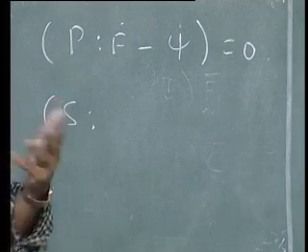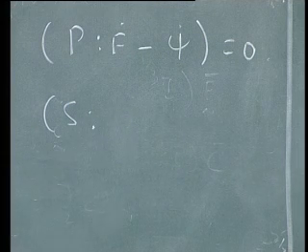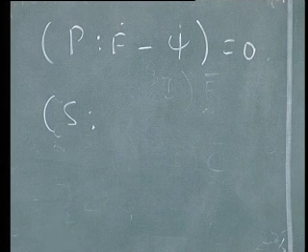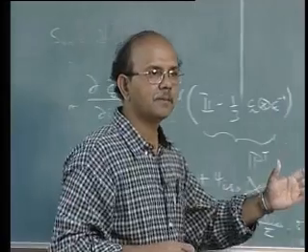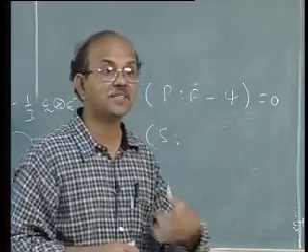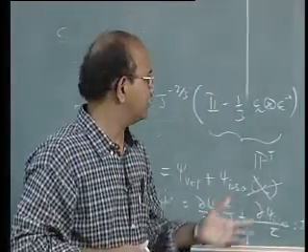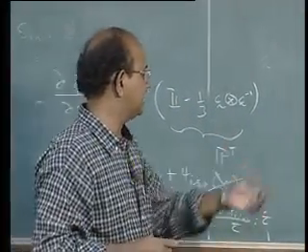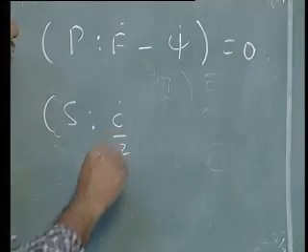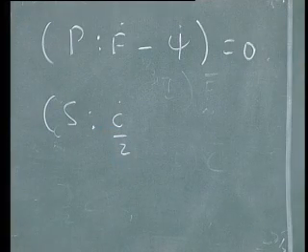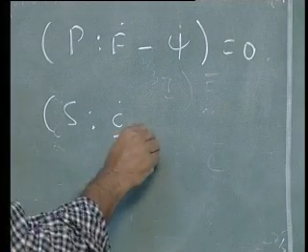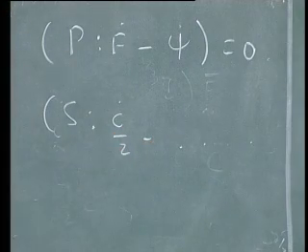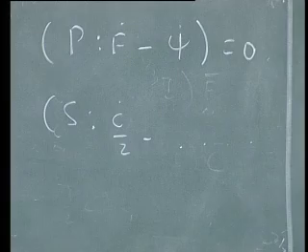Now P, I already told you that we are going to work most of the time with S. Though S lacks physical meaning, I'm very comfortable with S because it is a symmetric tensor. So we can write that in terms of S and C dot by 2, minus a number of terms, and I'm not going to write that down here. Probably you can write it down, because you know many of them.